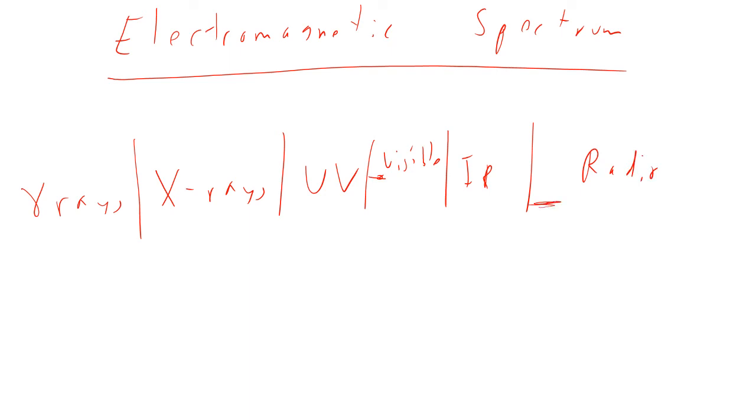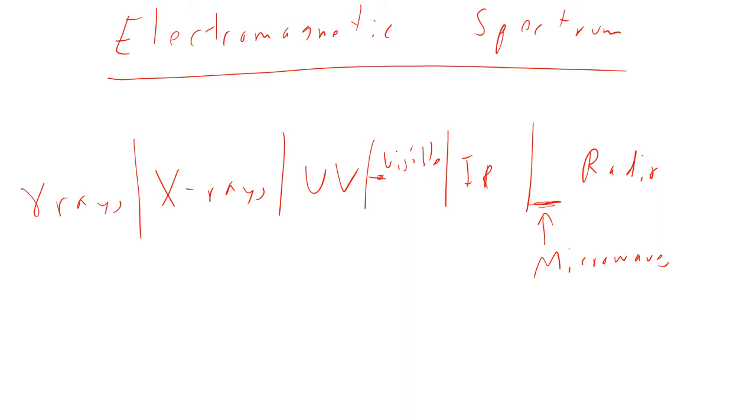Really short radio waves we often call microwaves. And so that is the electromagnetic spectrum. And again, you can look in the book. It tells you a little bit more about the different wavelengths that correspond to the different parts of the electromagnetic spectrum. Gamma rays, very, very short wavelengths.